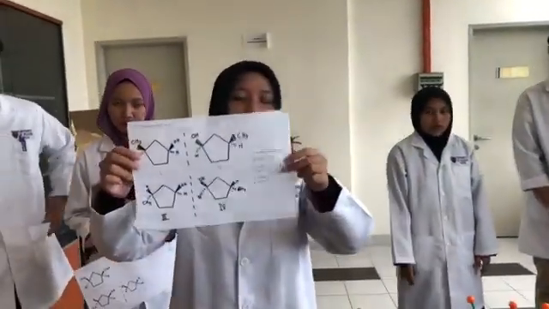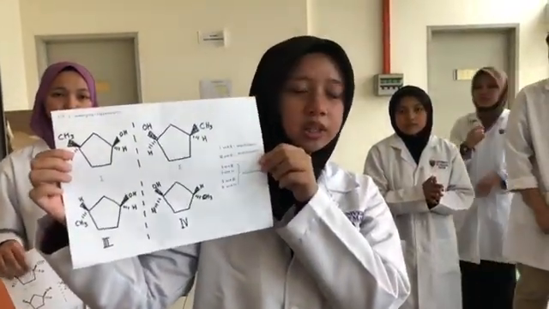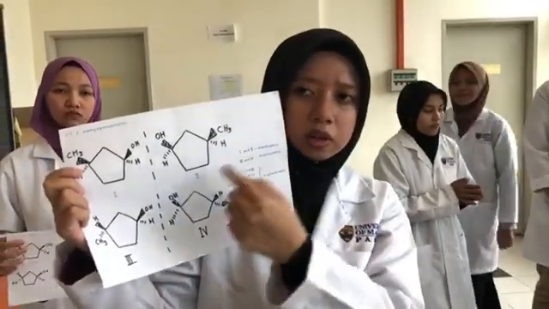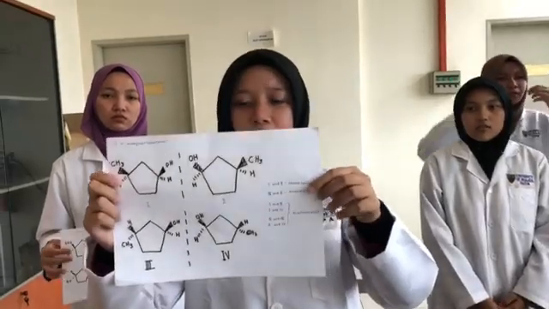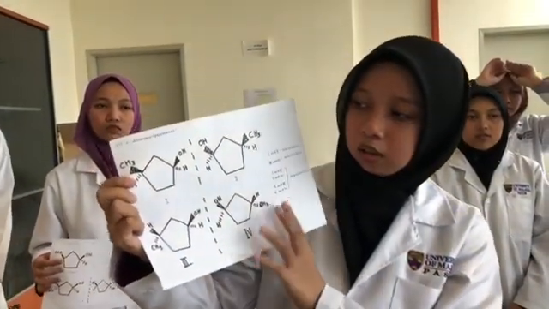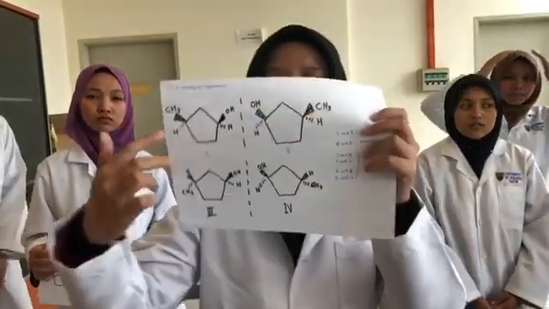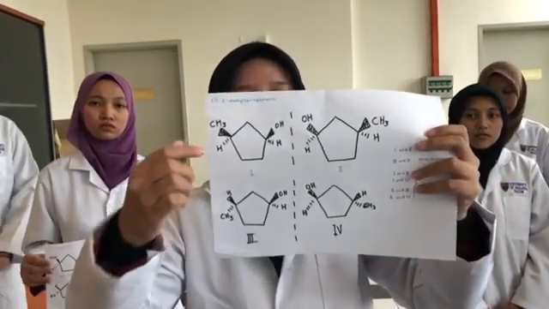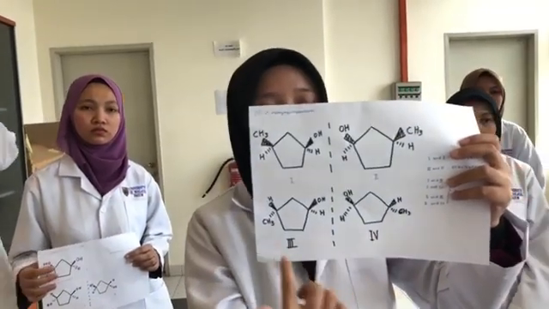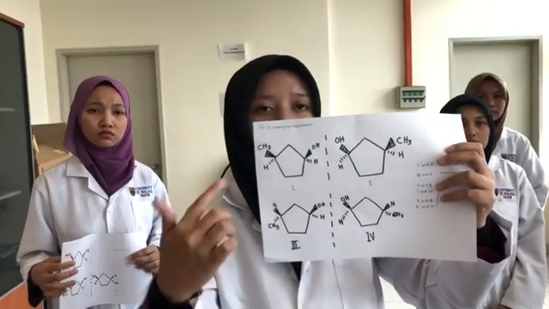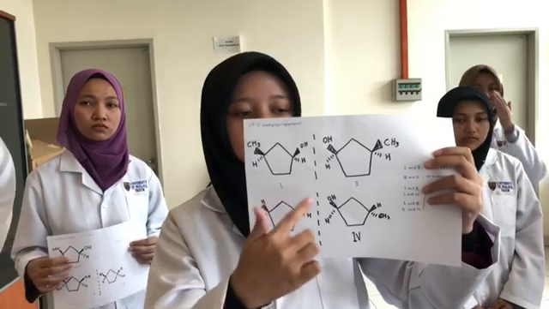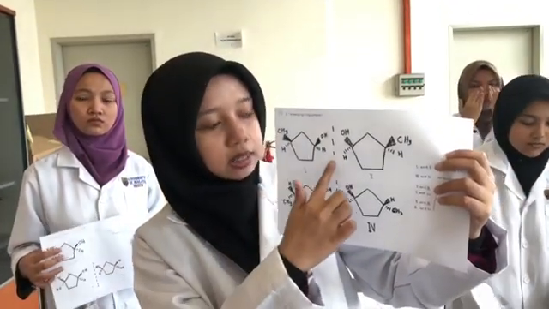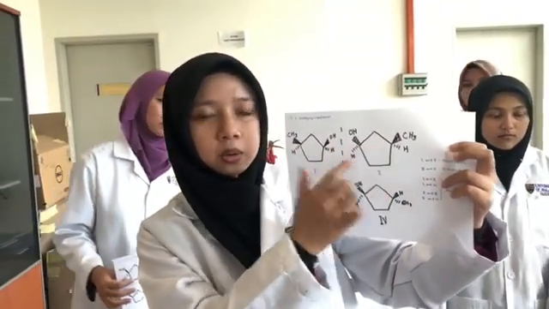Alright, now for the next question, we have to draw the 3D notation of all the stereoisomers. For the first molecule, 3-methyl cyclopentanol, we have 4 stereoisomers. The first two are the cis stereoisomers, and the 3rd and 4th compounds are the trans stereoisomers. The relationship between the first and second compound is enantiomer, which means they are mirror images of each other.